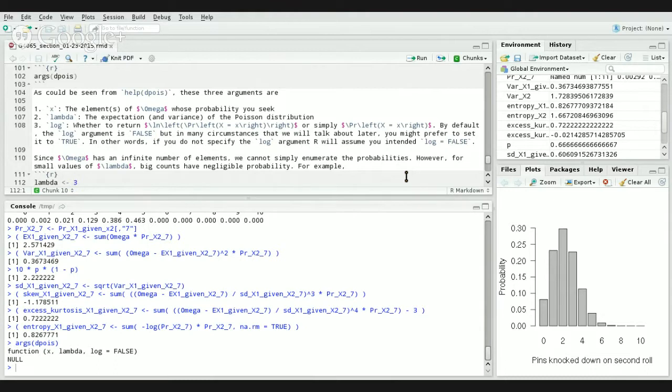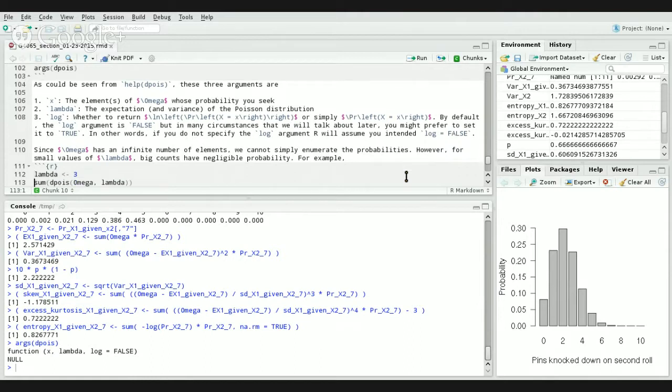However, for small values of lambda, the probability of getting a really big count, like 1,000,000 or something like that, is negligible because the mean of the distribution is going to be some small number like 3, and the variance of the distribution is going to be that same number, 3 in this case, and thus the probability of getting a number like 1,000,000 when the mean and the variance are 3 is extremely small and so close to 0 that it's essentially negligible.